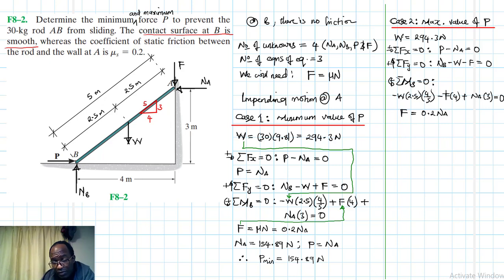So now we feed everything in our equation. We'll find that the value of NA, let's do the calculation. We'll have 294.3 by 2, and divided by minus 0.2 by 4 plus 3.